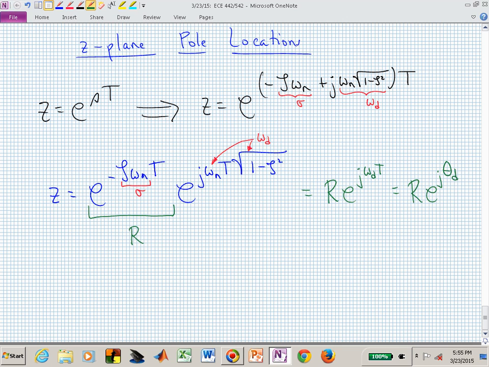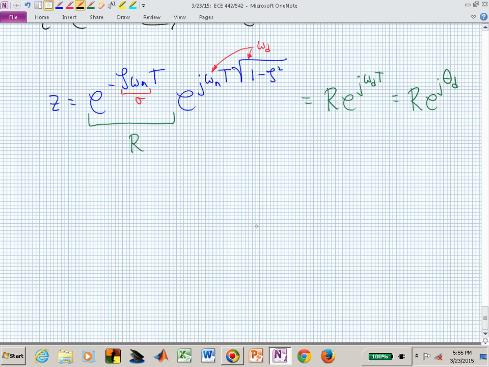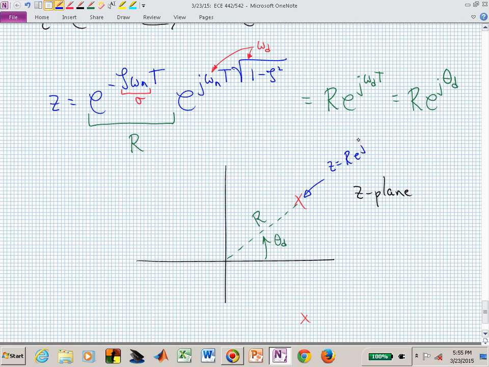And z now, relative to this parameterized description, in the z-plane, we now have two poles. I just have shown the positive theta sub d, but we now have the poles located a distance r from the origin. This pole right here is r e to the j theta sub d.